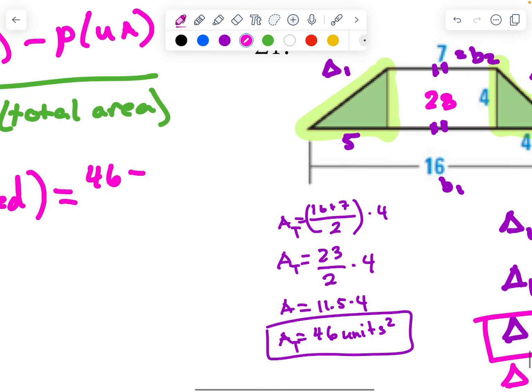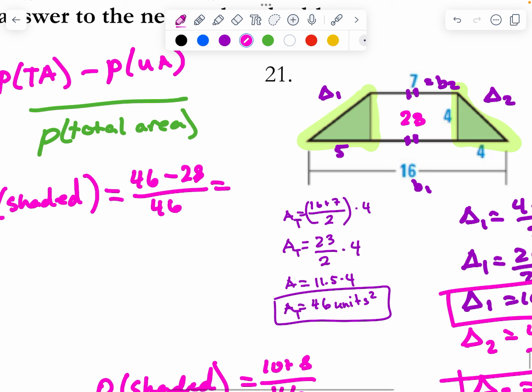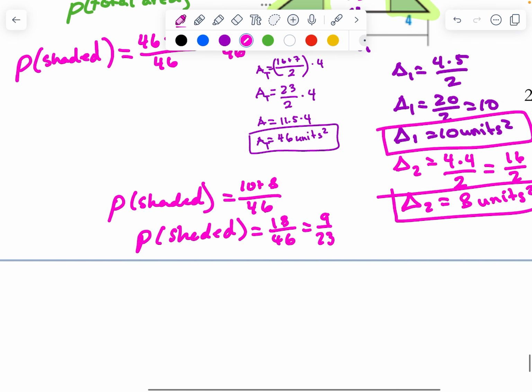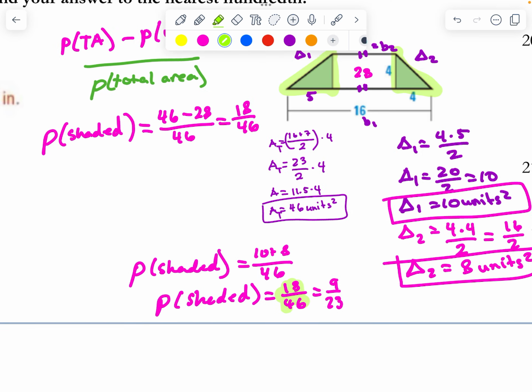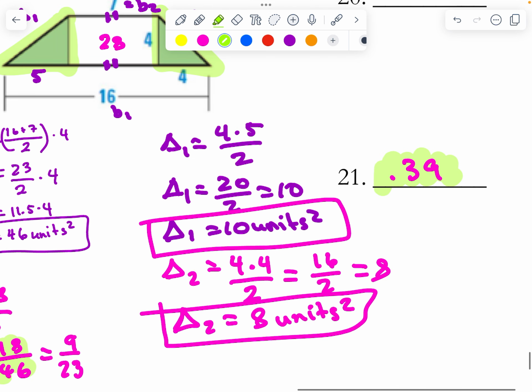I'm going to subtract away the area I don't want, 28, and divide that by the total area. 46 minus 28 is 18. 18 over 46 is the exact same answer we got here. And therefore, when we plug that into our calculator, we still get 0.391, which rounds to 0.39.